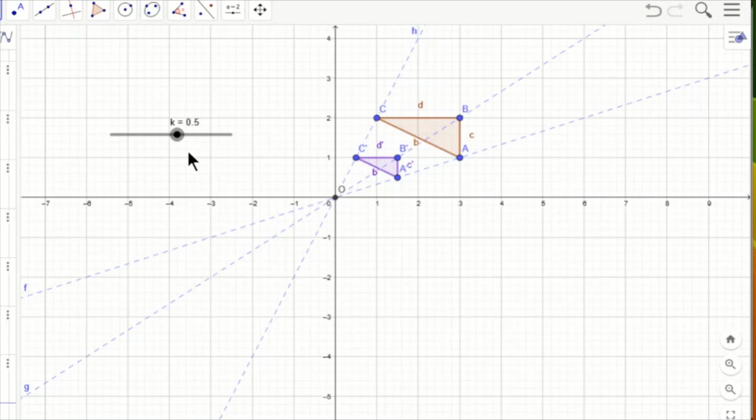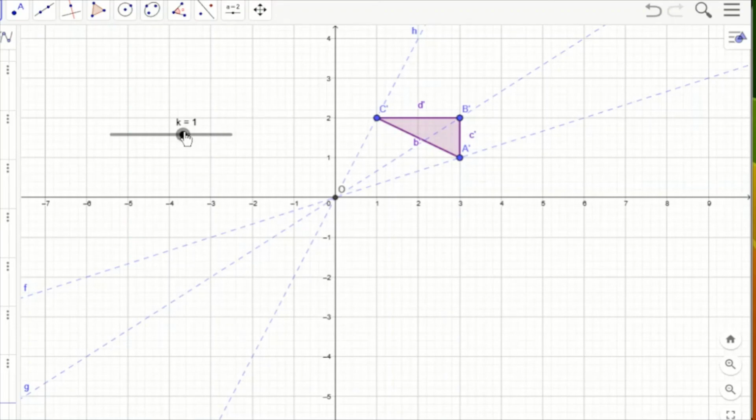When the scale factor is equal to 1, you would notice that the image has the same size as the object. In other words, there is no enlargement, and the image is also at the same side. In fact, it is at the exact position of the object.